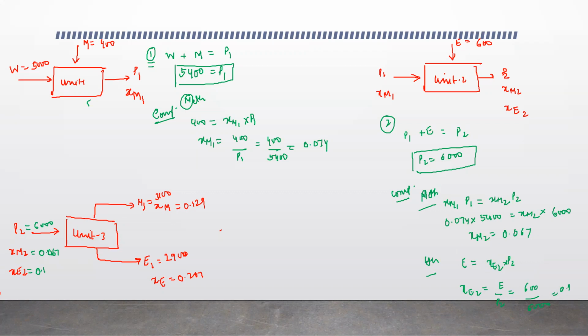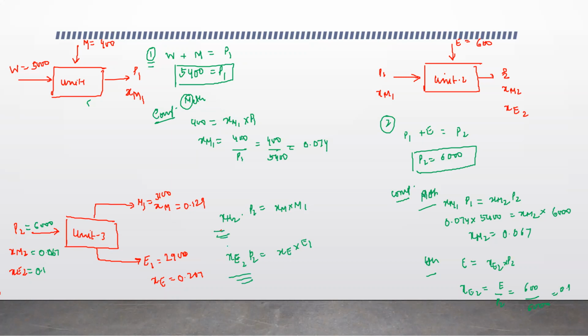For methanol, we would have done xm2 into p2 is equal to xm into m1. And for ethanol, we would have made the equation xe2 into p2 is equal to xe into e1.